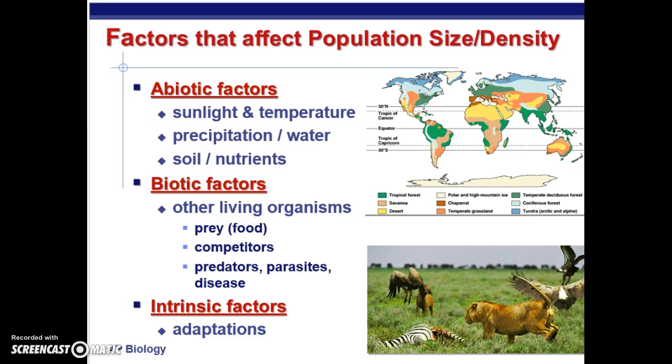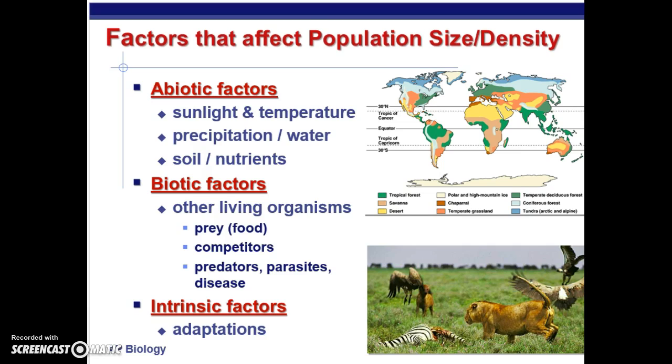So again, we're going to break down the factors that are affecting population and population ecology, always by what biotic or abiotic factors are going to influence or affect the population size and density. The third factor is intrinsic, and we'll take a look at that as well.